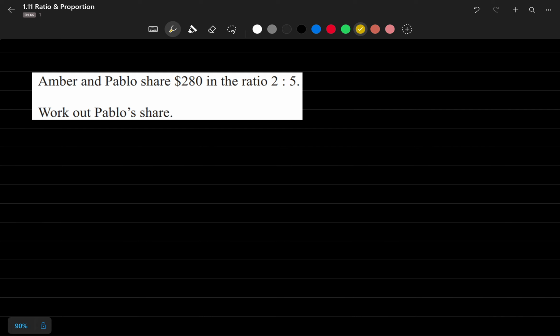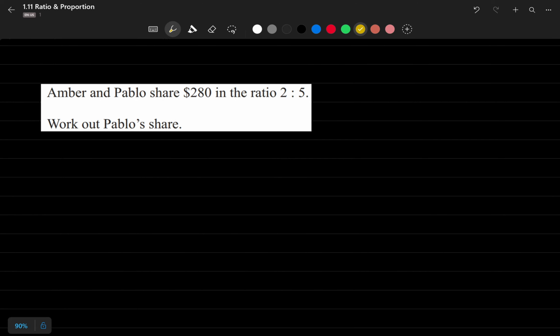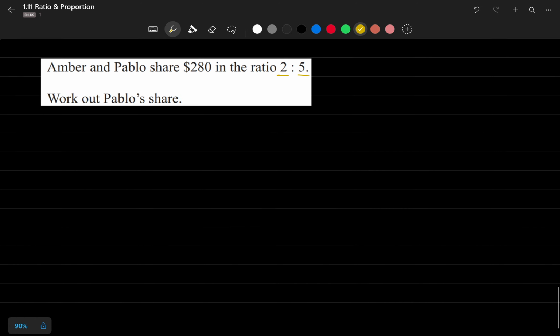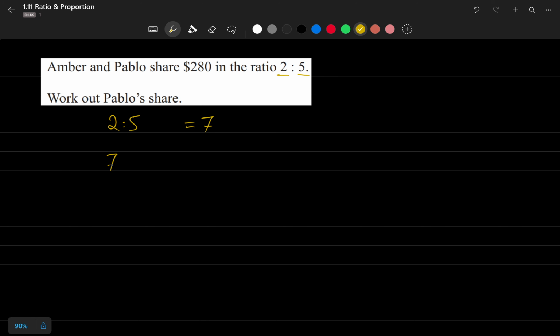The last question for today is Amber and Pablo share $280 in the ratio 2 ratio 5. Work out Pablo's share. So we know that 2 ratio 5, 2 plus 5 is equal to the total ratio, which is equal to 7. So the total ratio, 7, holds the total money, which is 280.